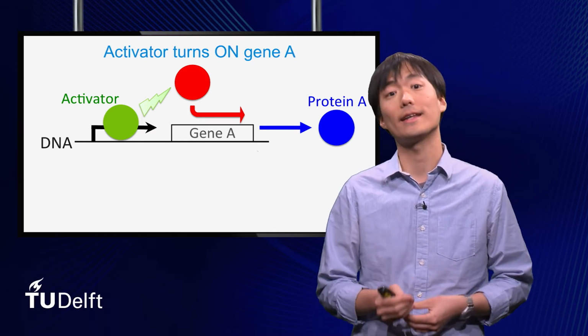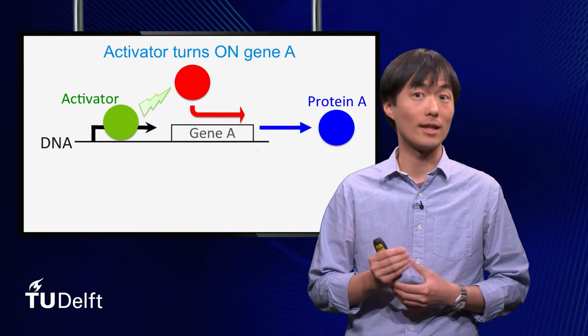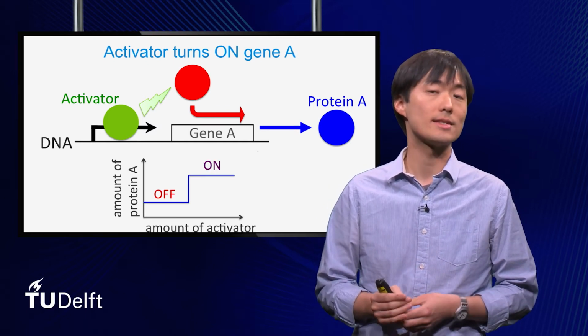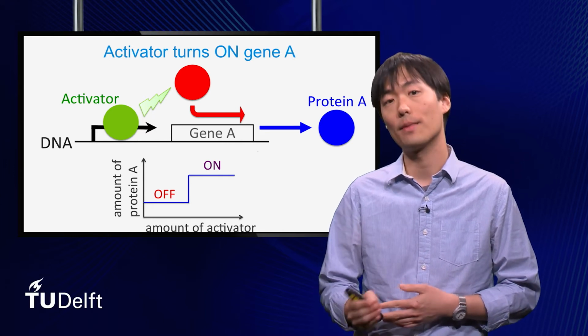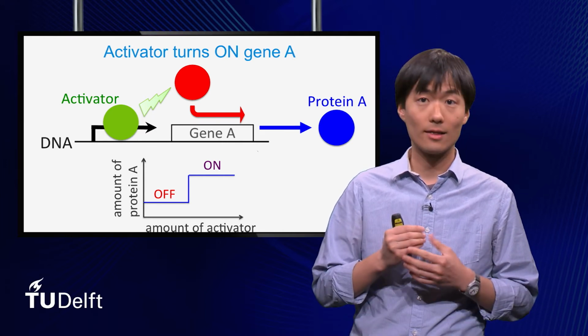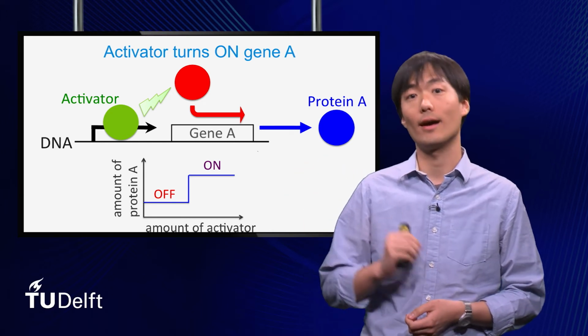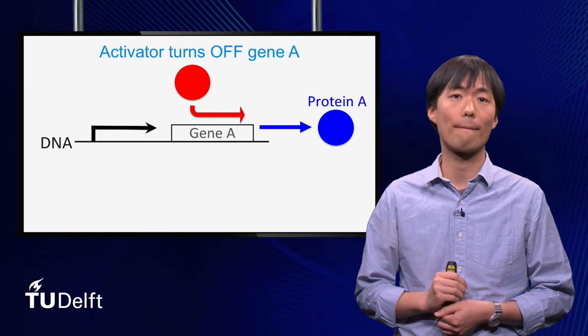This creates a genetic switch. It acts like a light switch. When there is a low amount of an activator, the cell cannot make protein A, but when there is a sufficiently large amount of the activator in the cell, then the cell switches on the production of protein A.